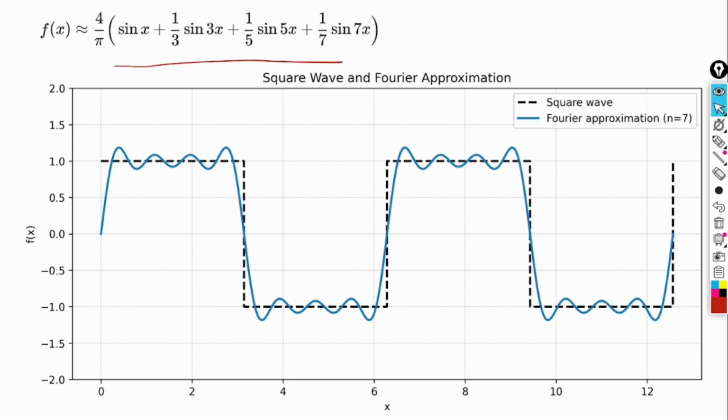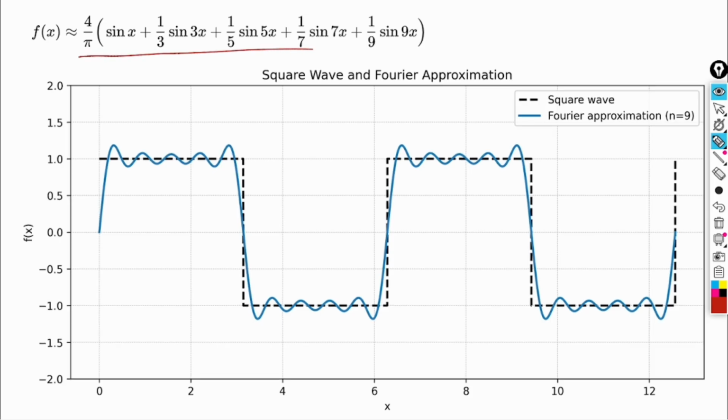For four terms the graph is even closer. For five terms the Fourier approximation is even closer to the square wave. So you can see as we add more sine terms, the Fourier approximation gets closer to the square wave.